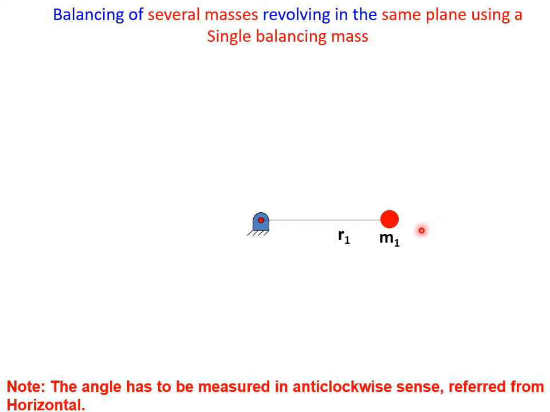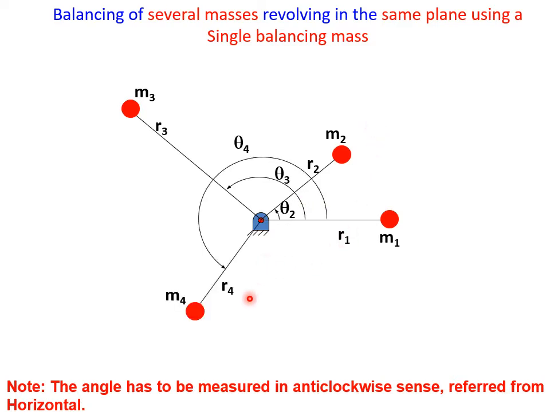Let us say that m1 is a mass which is at a radius r1 at 0 degree. Let m2 be a mass at a radius r2 at some angle theta 2, measured from the horizontal direction in the anti-clockwise sense. Let us say that m3 is another mass at a radius r3 at an angle theta 3 from horizontal, measured in the anti-clockwise sense.